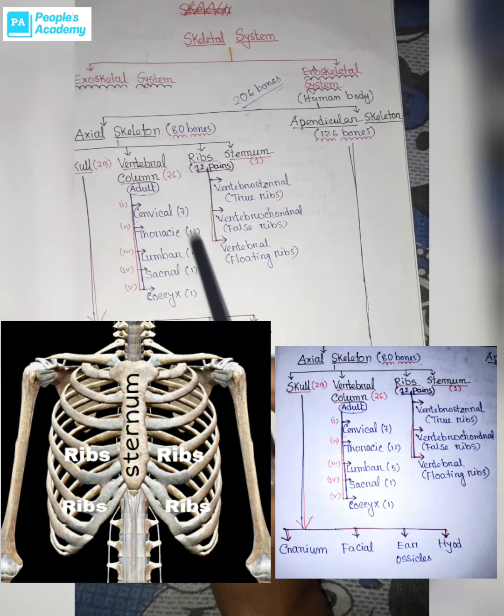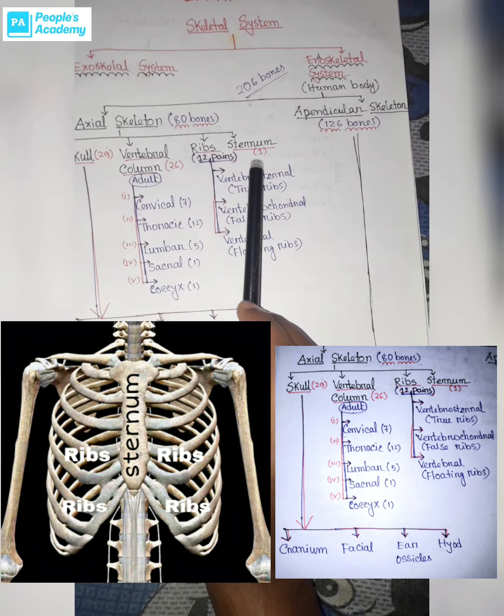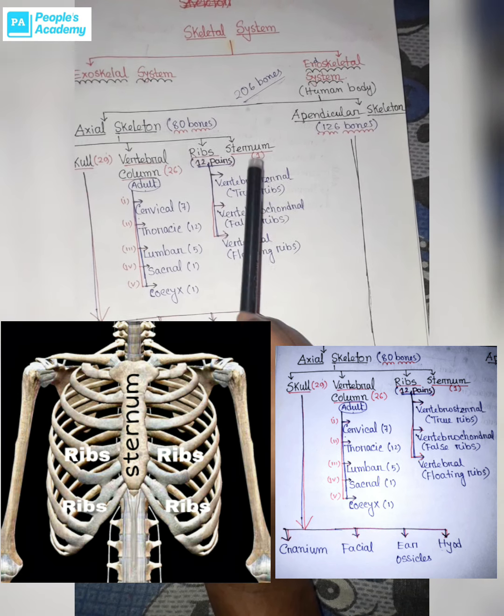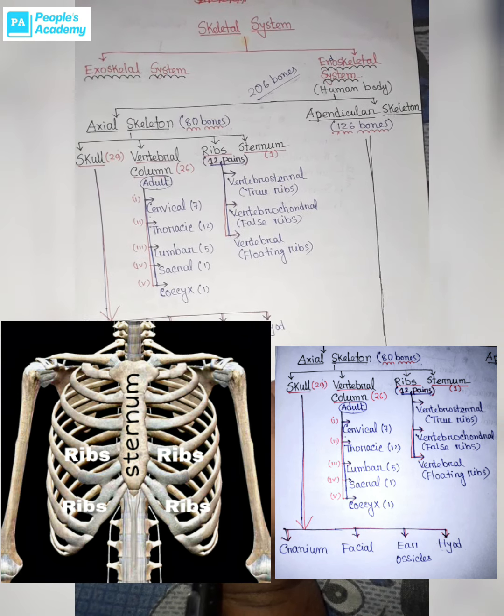Now coming to ribs. Ribs are flat, thin, bony structures that are dorsally connected with the vertebral column and ventrally with the sternum.